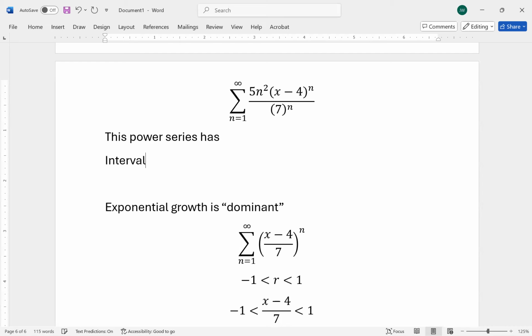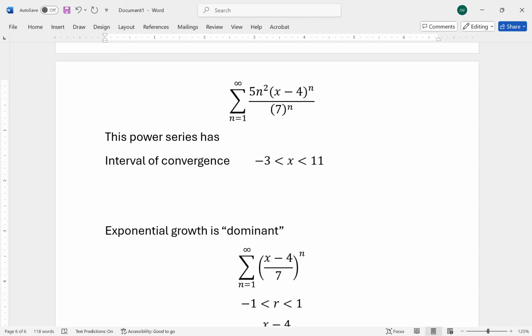I'll write that down here. So when x is between -3 and 11, we know the series converges.